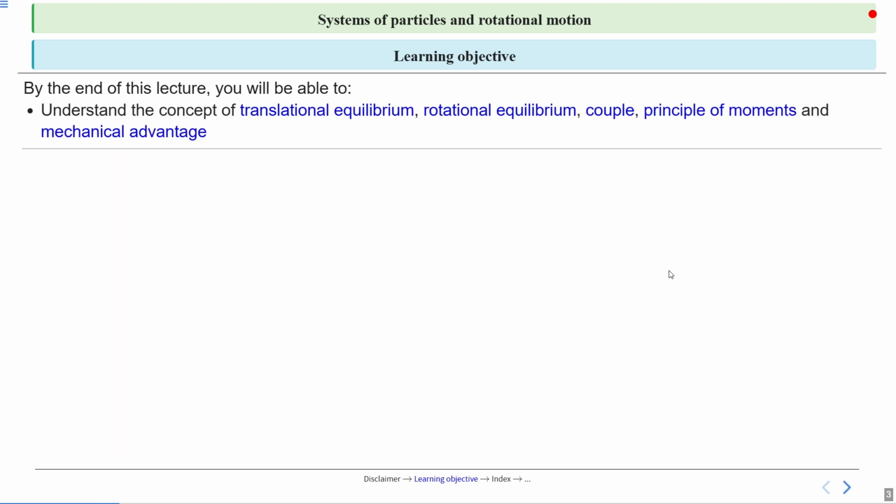Learning objective. By the end of this lecture, you will be able to understand the concept of translational equilibrium, rotational equilibrium, couple, principle of moments, and mechanical advantage. All right.